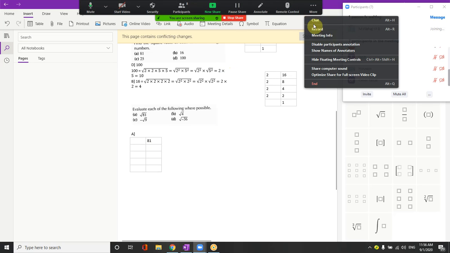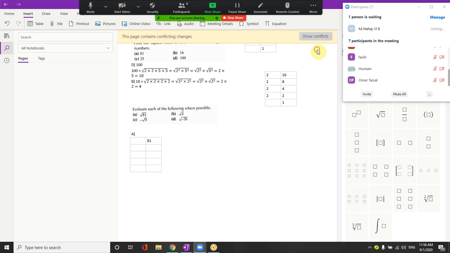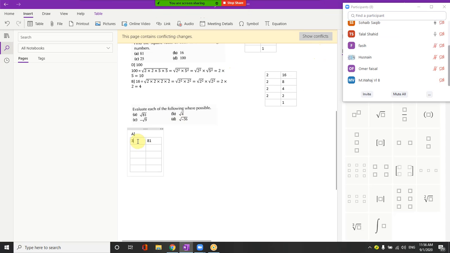If I divide it by 3, the answer is 27. Now 27 is not even, so we cannot use 2. We use 3 again: 3 times 9 is 27, then 3 times 3 is 9.